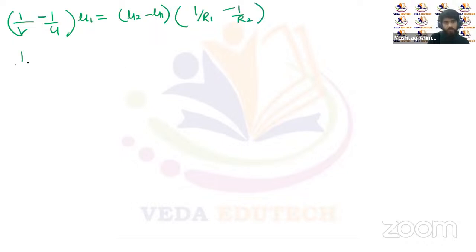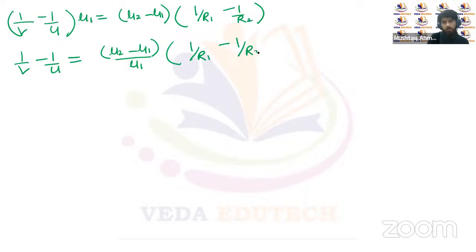Or we can write it as 1 upon V minus 1 upon U equal to mu2 minus mu1 upon mu1, multiplied by 1 upon R1 minus 1 upon R2.